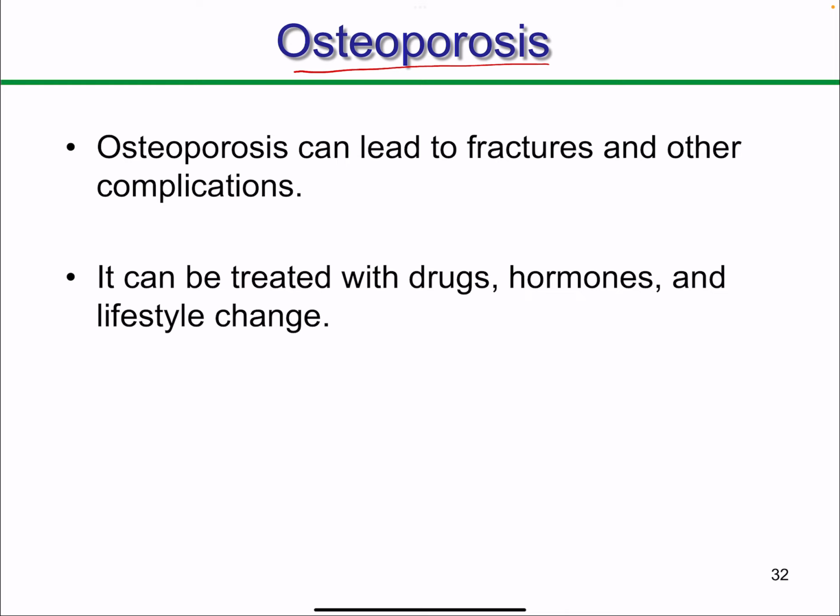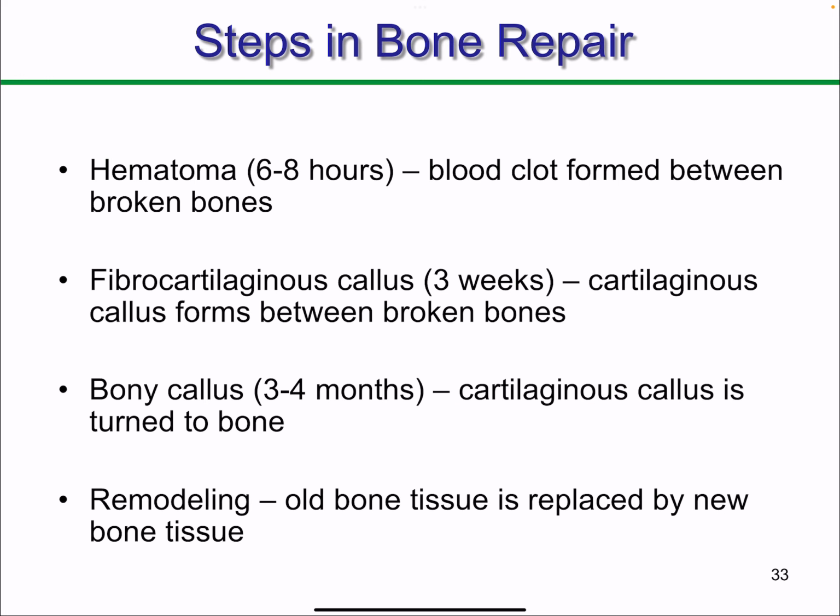We can solve this by taking food supplements bringing us calcium, taking some hormones like testosterone, right? Change your lifestyle, exercising for instance, or using some drugs that can compensate.